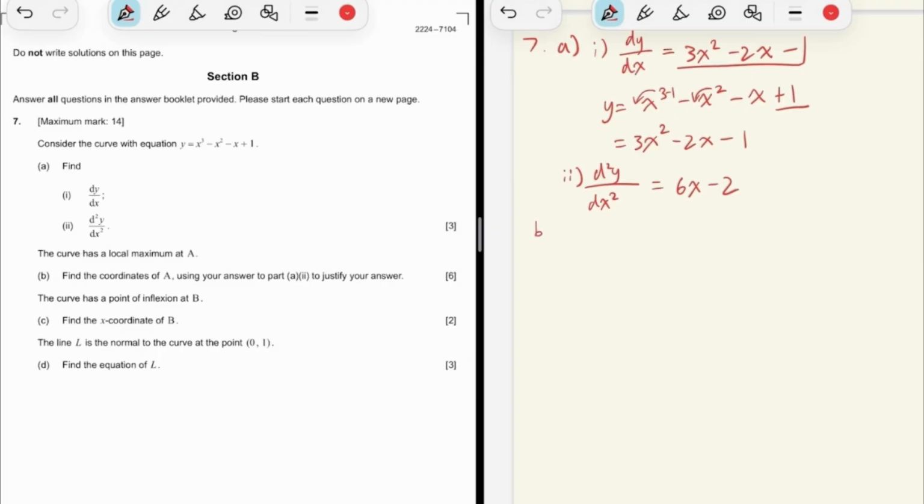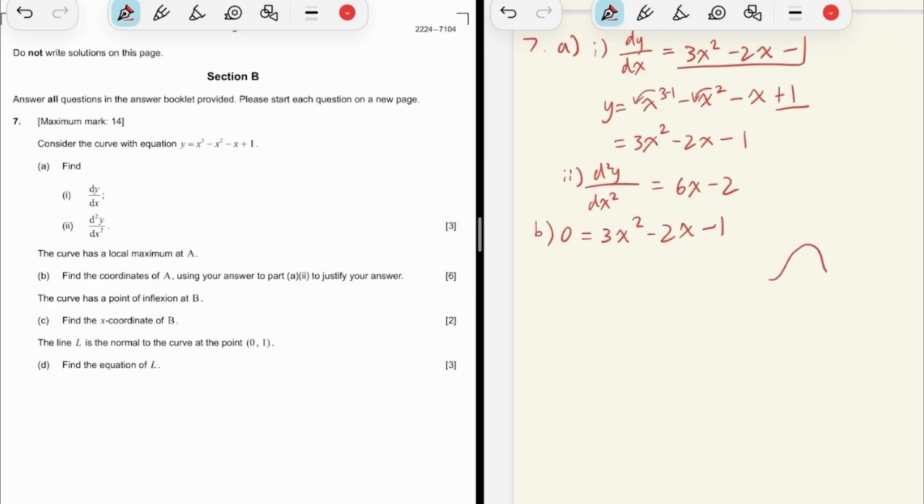So moving on to b. So for b, we have 0 equals 3x squared minus 2x minus 1. This is because at a local maximum or local minimum, the slope is equal to 0.